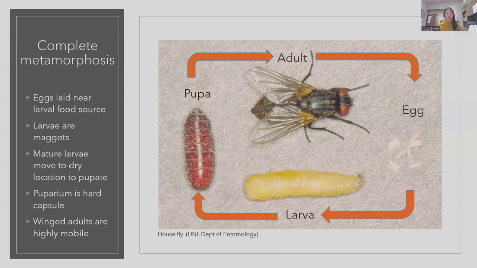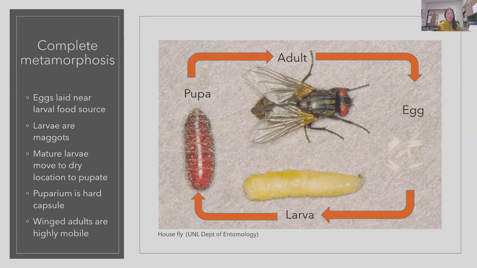Those are the same stages that we have for flies. And the immature fly and the adult fly really look different. The immature fly we call a maggot is definitely not as mobile. It's definitely not going to be eating or moving around the way an adult fly does.